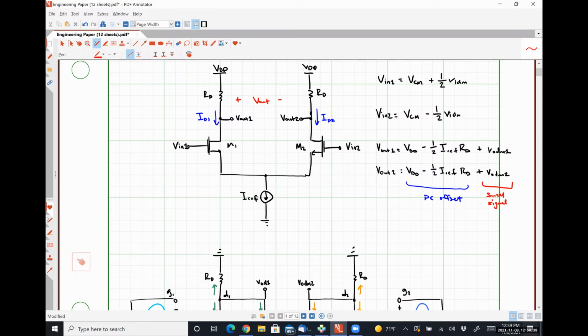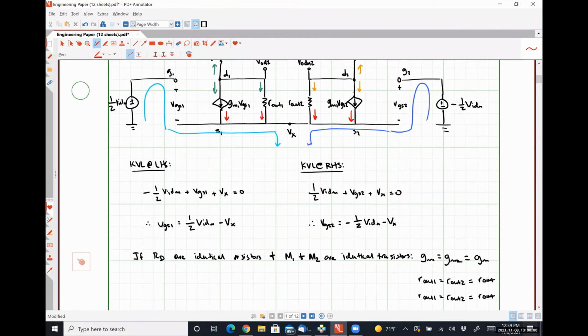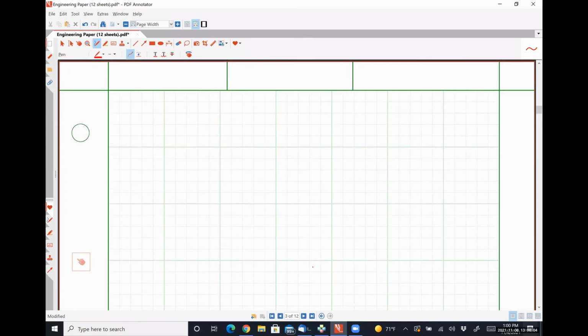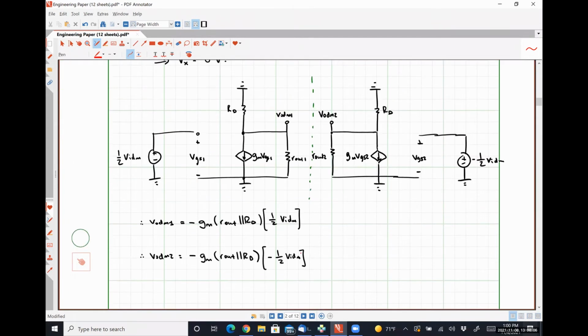So we have DC offset plus this output differential mode voltage minus the DC offset that is the same minus this differential mode voltage. We get rid of all of our output common mode signal, right? So the common mode signal gets completely rejected, and we wind up finding out that, sorry, let me scroll here.